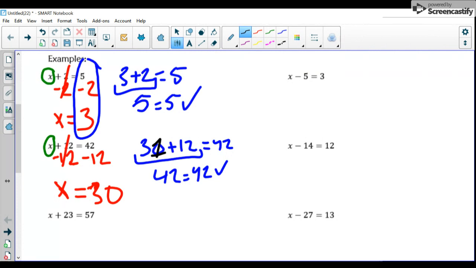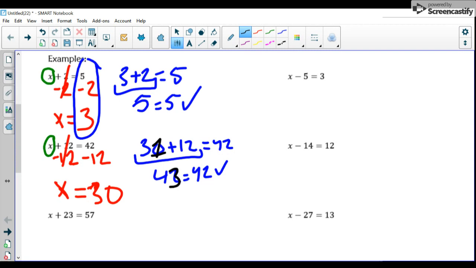So I can't just assume that my answer is going to give me my original final answer of 42, because I may have done something wrong. I may have subtracted incorrectly. So when I check my work and I say 31 plus 12, and I realize that that's 43 and not 42, then I realize immediately, oh no, I made a mistake. I need to go back and fix it.